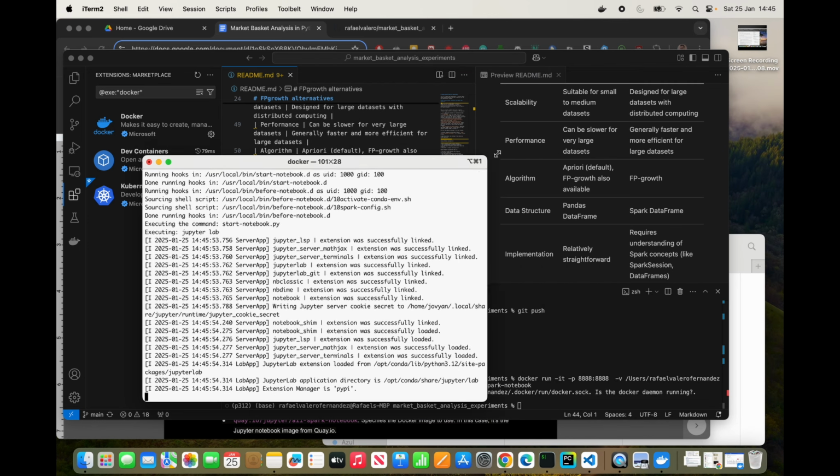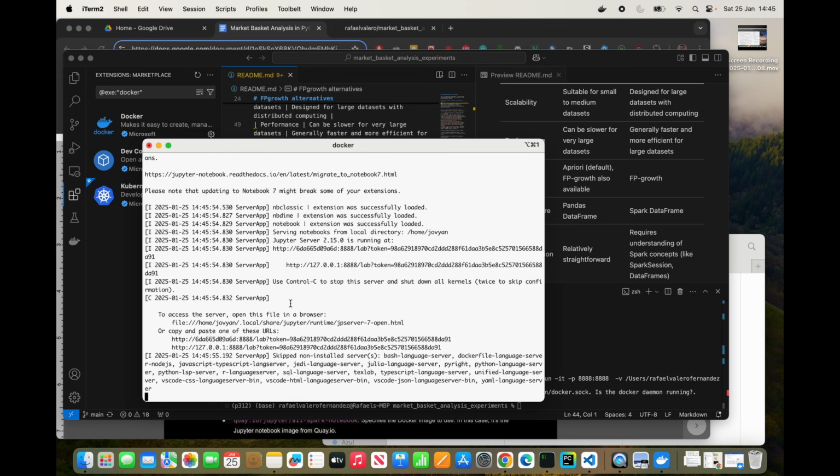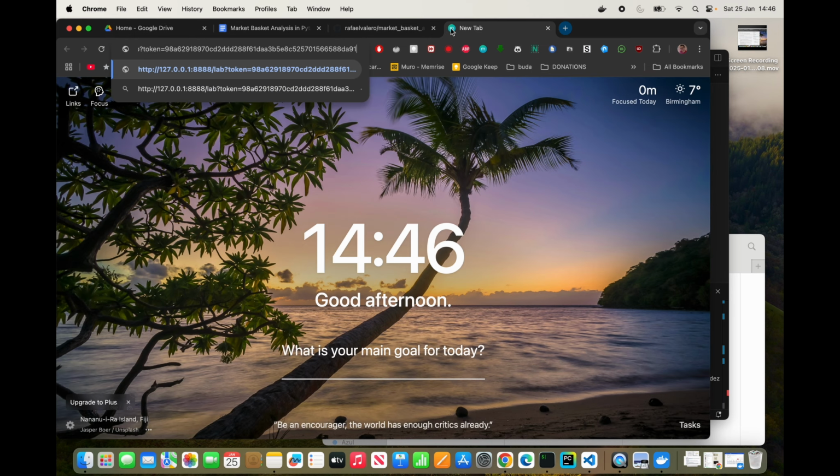When you put your Docker to work, the first time could take a little bit of time, but I'm using an image already set up for you to have PySpark, Python, all the versions that you like. When you have the server running, you could go and have a look.